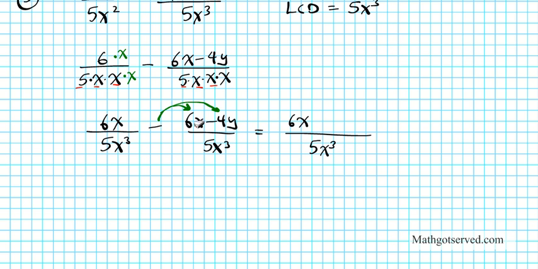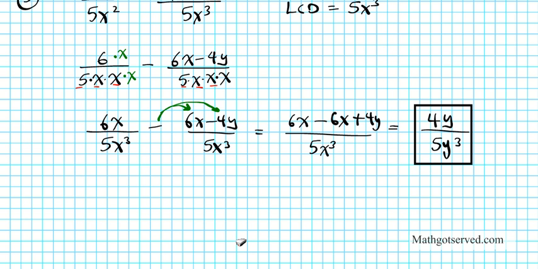So this positive 6x becomes minus 6x, and this minus 4y becomes positive 4y. When you combine these two opposites, they add to 0, so you're going to have 4y over 5x to the third. And there goes your final answer for number 3.